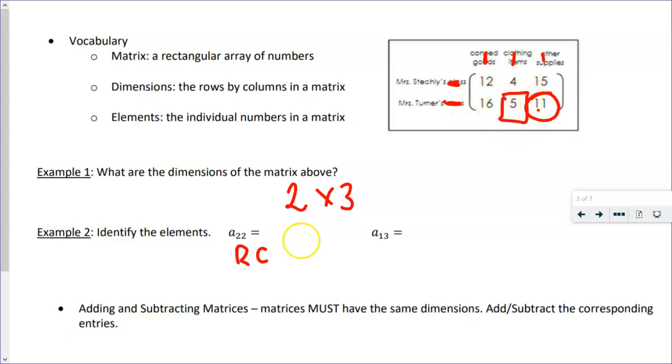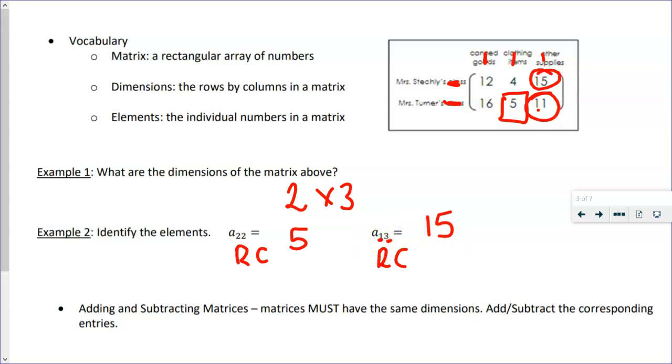So number 5. Okay, that's the number I'm looking for. Second row, second column. a13. Again, 1 represents a row and 3 represents a column. So I'm looking at the first row and the third column. So it will be number 15 that I'm looking for. So again, first number represents a row, second number represents a column.